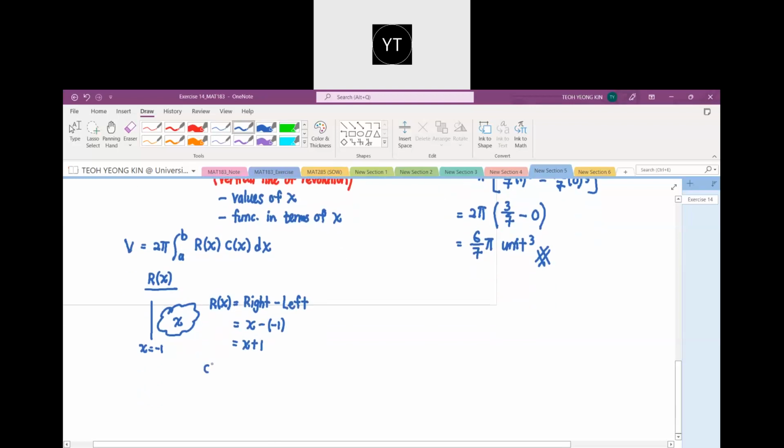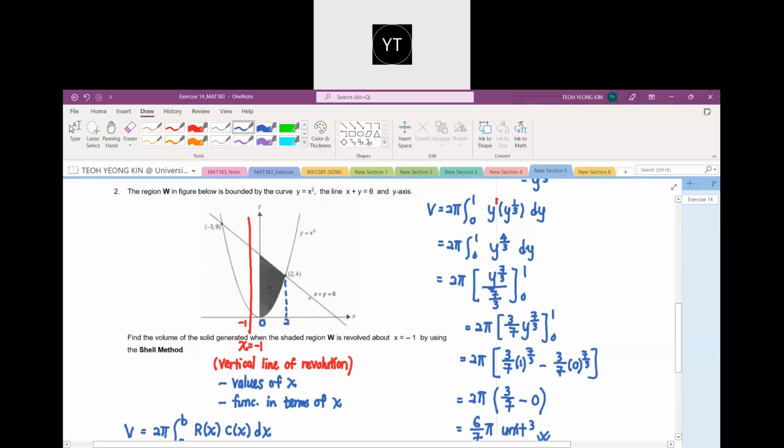And then our C(x) is the upper function minus the lower function. So the upper function is the straight line.